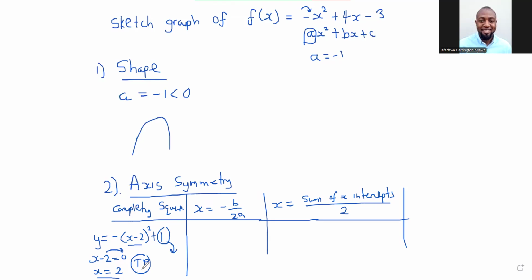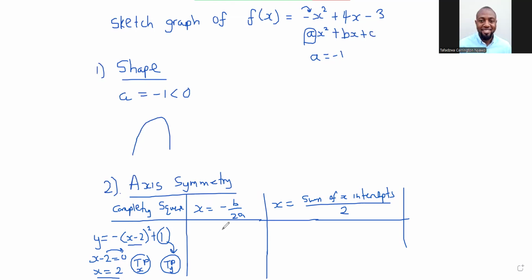The 2 is my x value of the turning point, and this y is going to be my y value of the turning point. That's why I like completing the square this way. It gives me the axis of symmetry, the x value of the turning point, and the y value of the turning point.